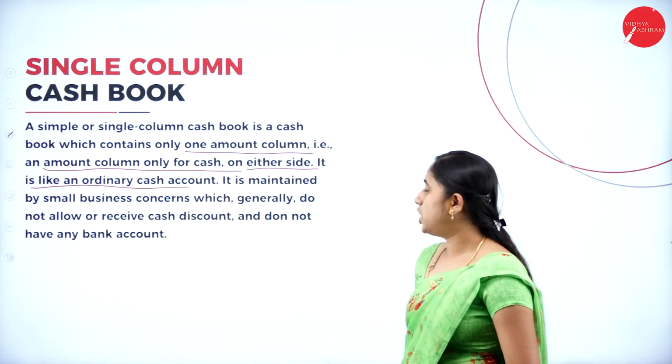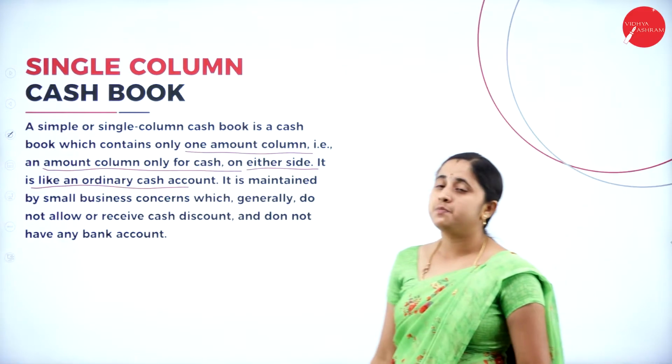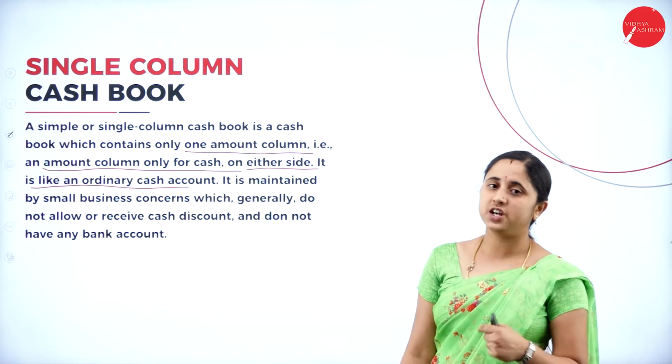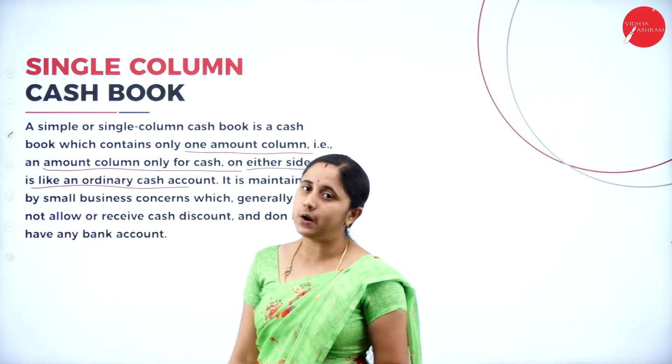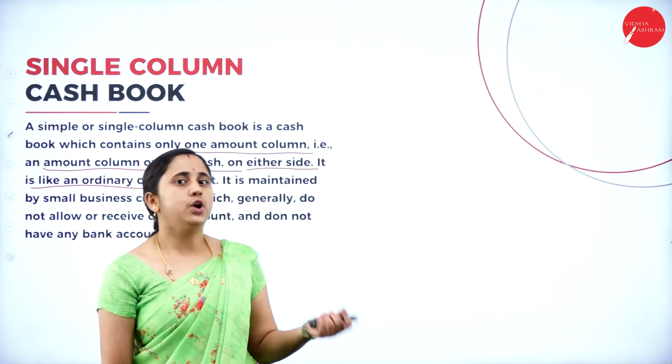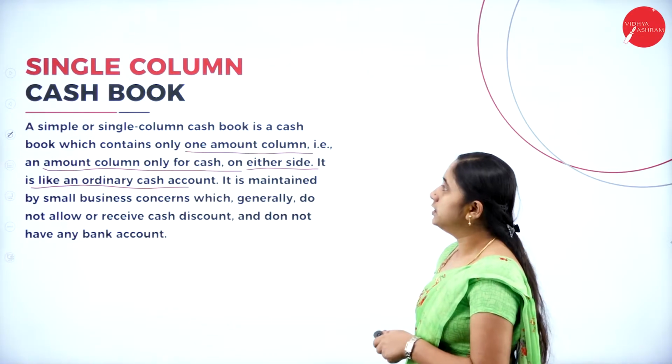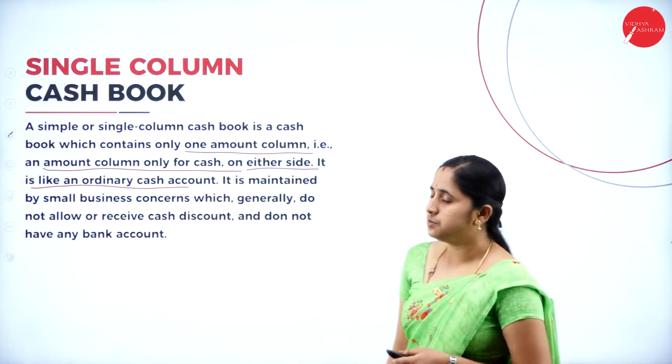That means the single column cash book is maintained by a small business concern. Generally, they do not allow or receive discount, and they do not deal on a credit basis. They use the single column cash book in their business.